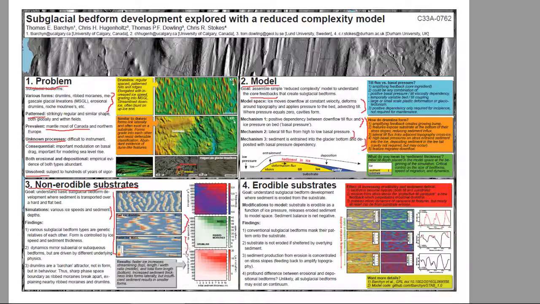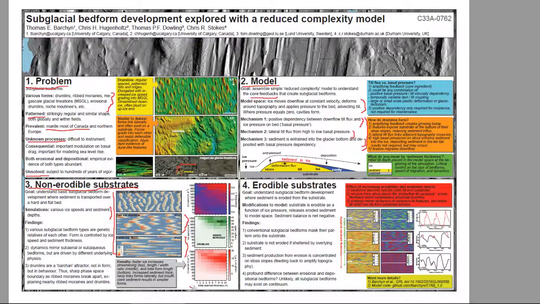And then at the bottom, as you increase the ice speed even more and more, faster and faster ice speed, you get megascale glacial lineations. And so this matches what is empirically observed. So areas in ice streams where the ice is moving incredibly fast, you get very elongate megascale glacial lineation features. So this is really nice to see in the model because it really matches empirical evidence.